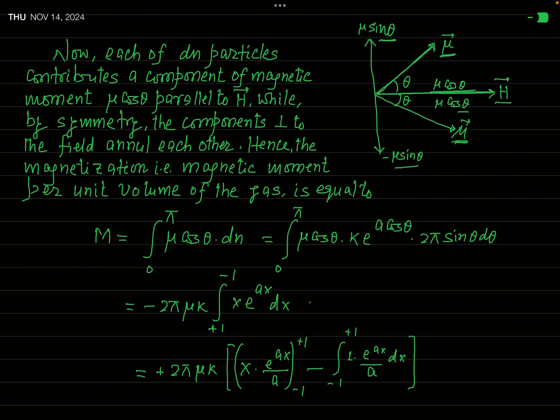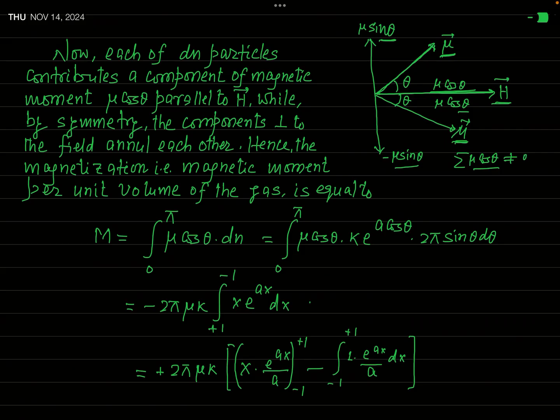If you consider only two dipoles, then by symmetry the magnetic moment along the field gets added up. The total magnetic moment along the field will be the sum of μ cos θ, and that is not equal to 0.